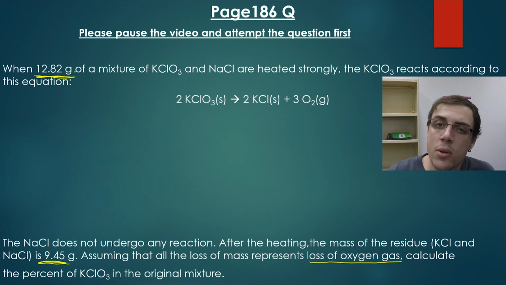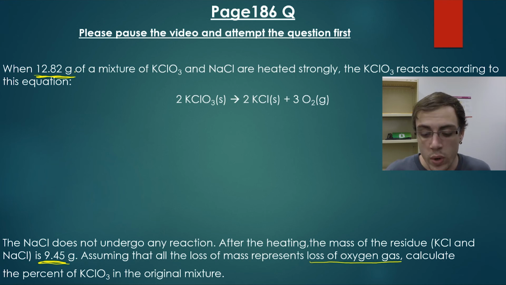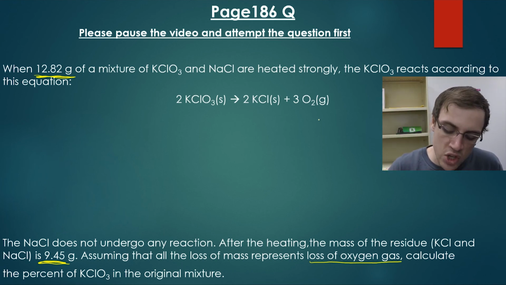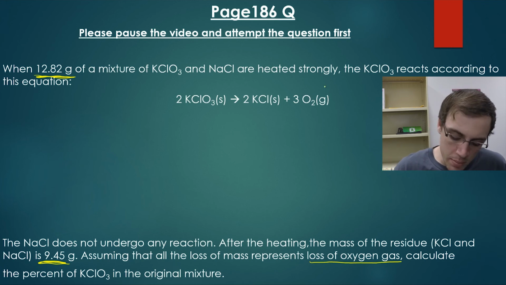Now, we remember the law of conservation of energy. So energy cannot be created nor destroyed. Energy and matter cannot be created nor destroyed. It can only be converted from one form to another, which means that mass doesn't just disappear into the air. It has to go somewhere. So because we know that it must go somewhere, we can determine the mass of our oxygen, because it says assuming that all loss of mass represents a loss of oxygen.